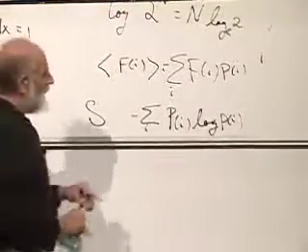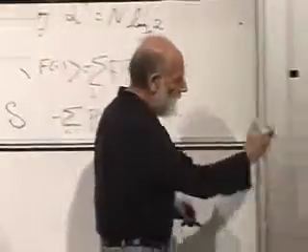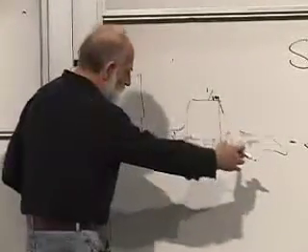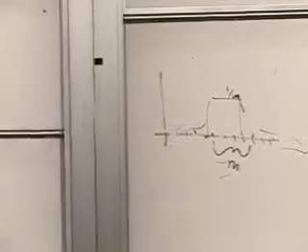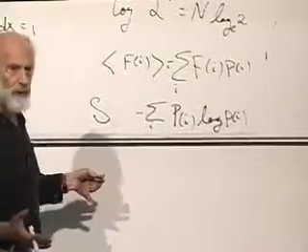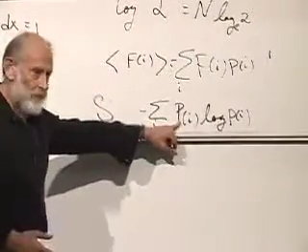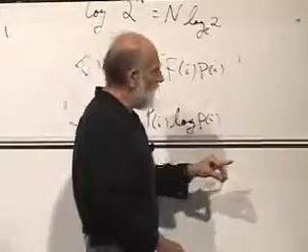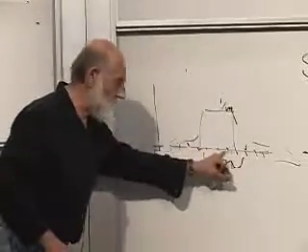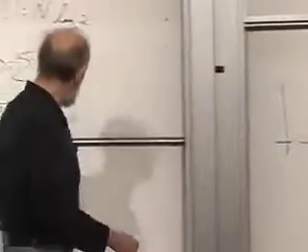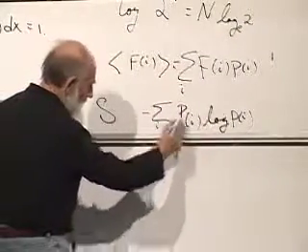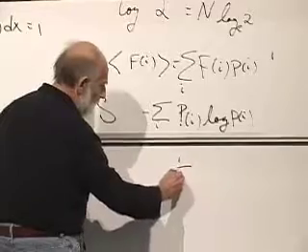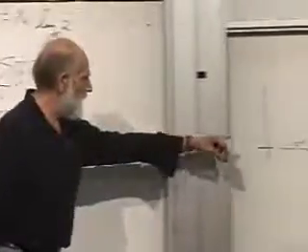Well, outside, when we start adding up the contributions to it, there are contributions from the regions where p is 0. They give 0 because p is equal to 0. On the other hand, there are the contributions from within this range. And what are they given by? They're given by, let's see what they are. P sub I is 1 over m for each one of those states.